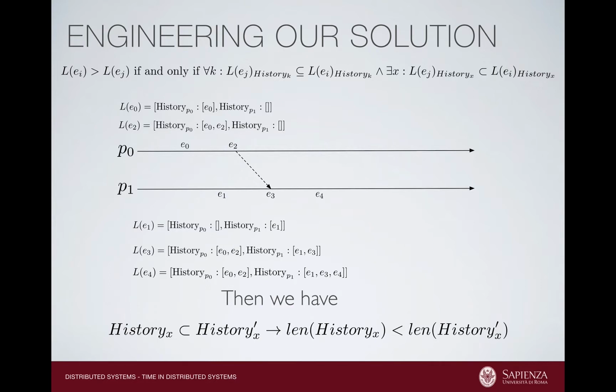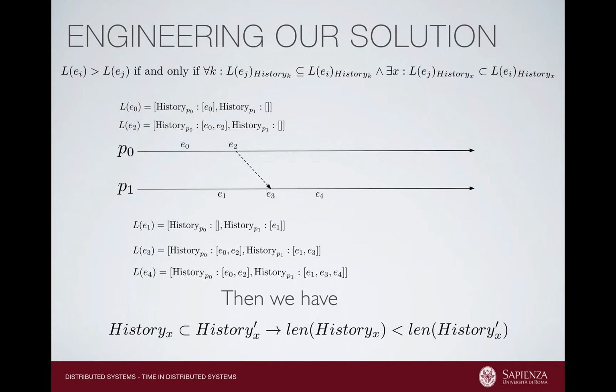So if the history of P0 in the timestamp of E2 has length 2, and the history of process P0 in the timestamp of E3 also has length 2, it means that they contain exactly the same elements. It also means that if the list on E3 is greater, then the history of the smallest one was included in the history of the largest one.